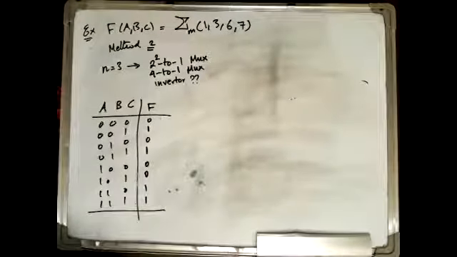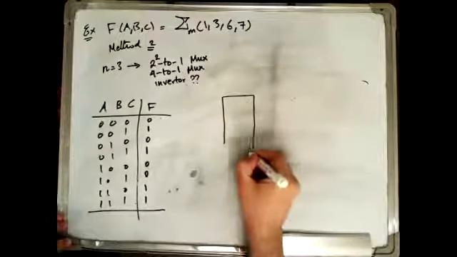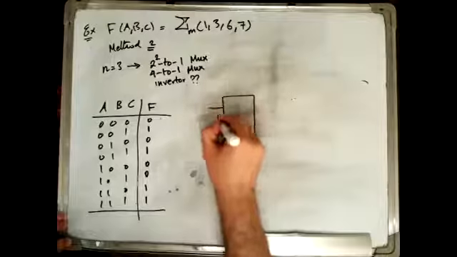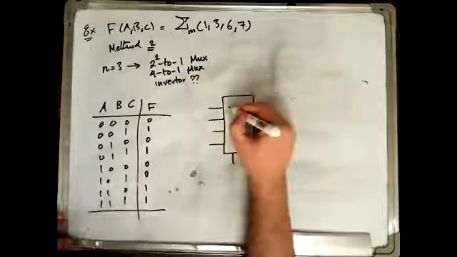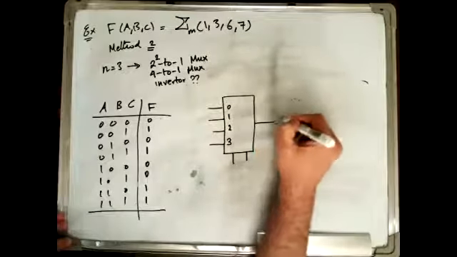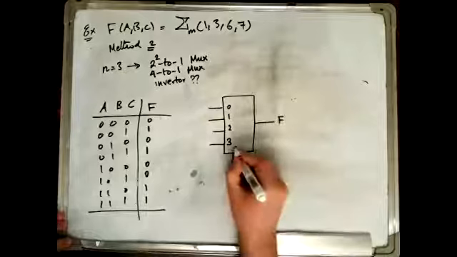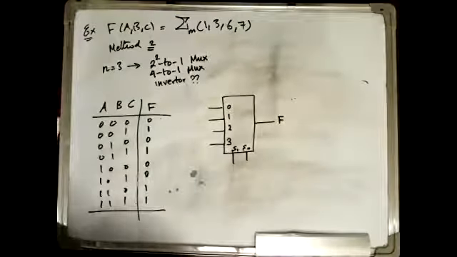So this is the truth table, and what we have here is a 4 to 1 mux. So we have input 0, input 1, input 2, input 3, and the function f. This is S1, S0. So what to do here?